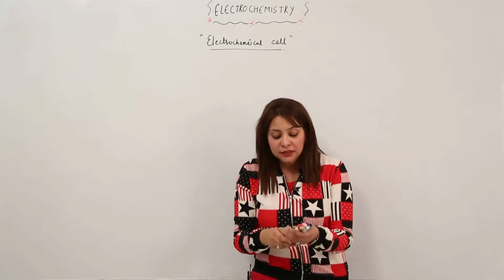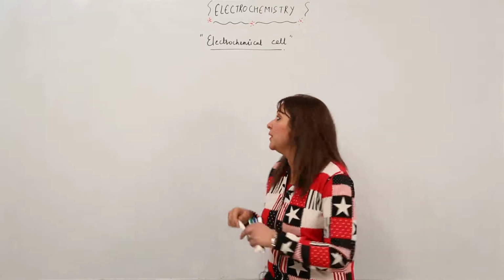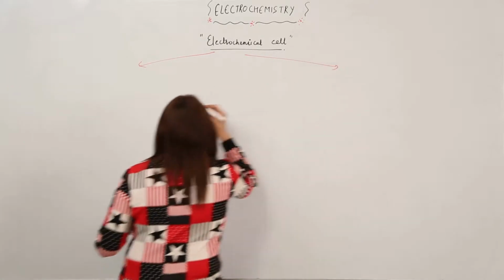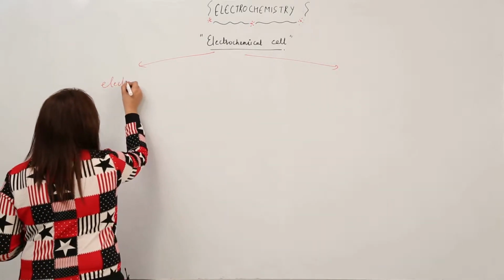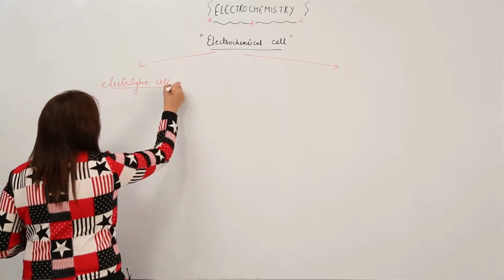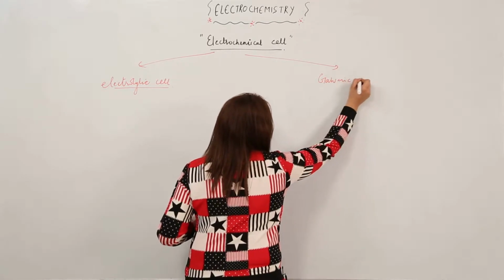Depending upon how the arrangement is, electrochemical cells are basically of two types, right? One is an electrolytic cell and the other is the galvanic cell, right?